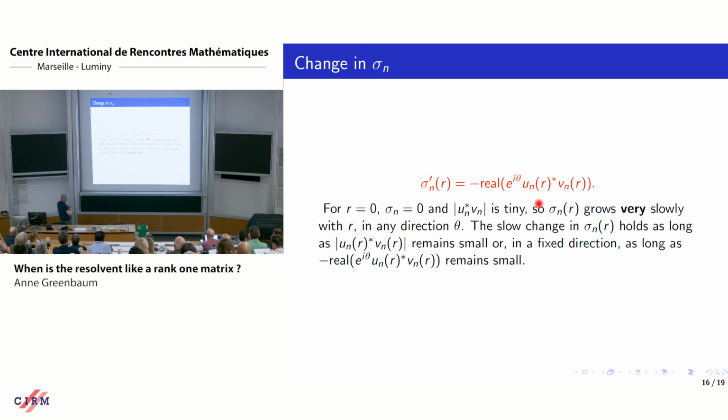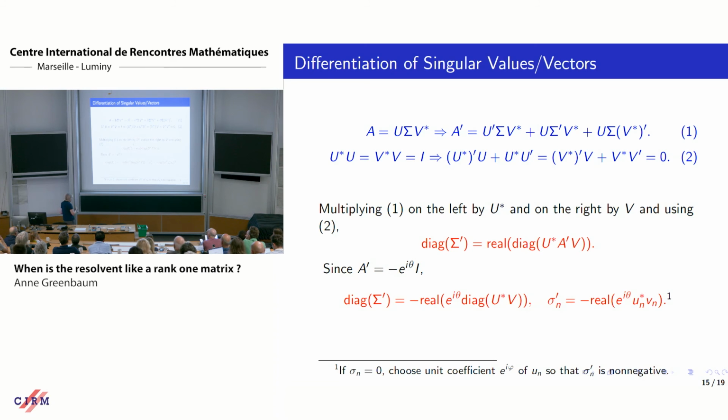We do have to be a little careful when we start, when r is 0: I want sigma n prime to stay positive or non-negative. So when sigma n is 0, we have some extra choice in choosing un. Usually once vn is set, un is determined because A times vn is un times sigma n.